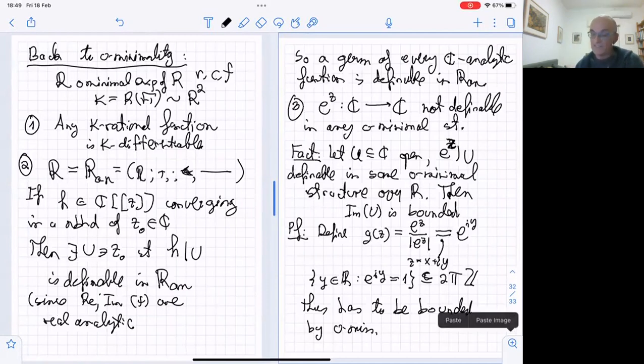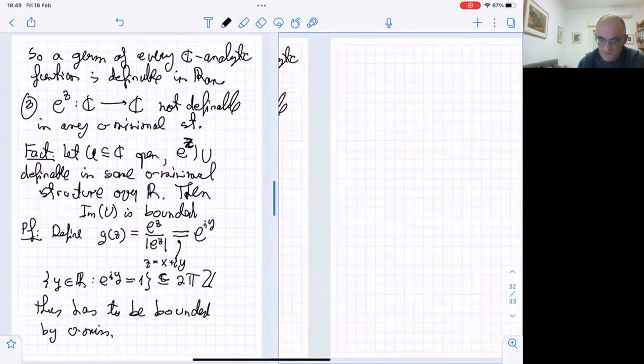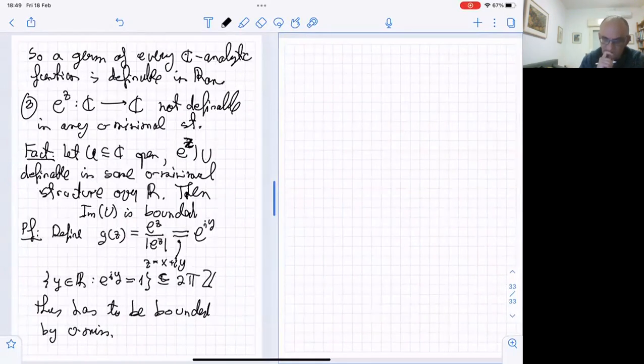No, sorry, this is the imaginary part of y, right? This is exactly what I want to say. Do we get that it's bounded? Now I don't believe that we prove that the imaginary part is bounded. Let me. Yeah, I guess it's a little bit more subtle.